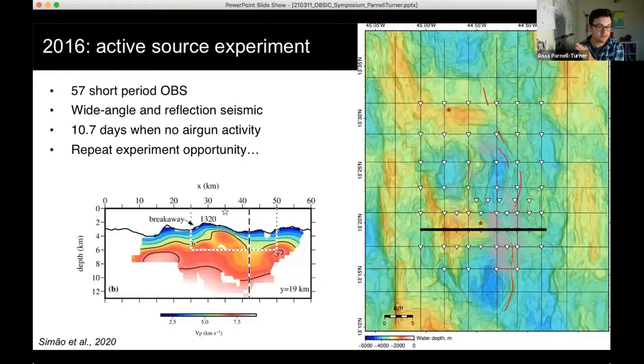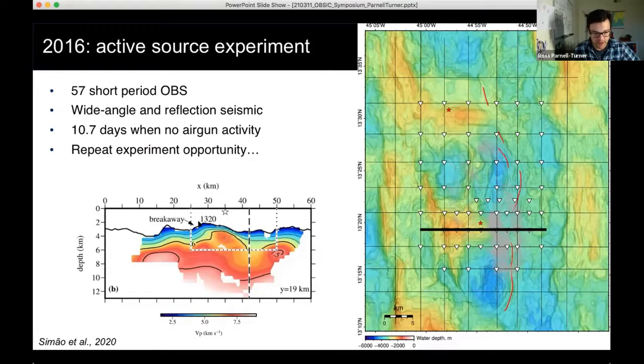The results of the seismic refraction work are published in my colleague Nuno Simão's paper and a couple of others that came out in 2019 and 2020. I'm not going to go into those too much today, but just to give you a flavor, this profile here is located where this black line is on the map. And the colors here indicate P wave velocity.